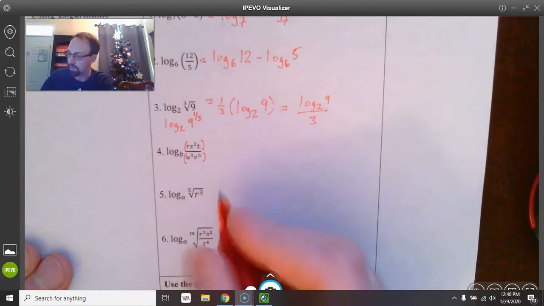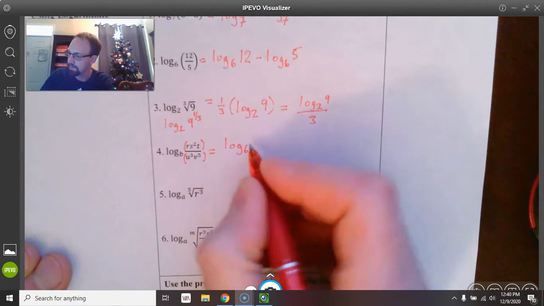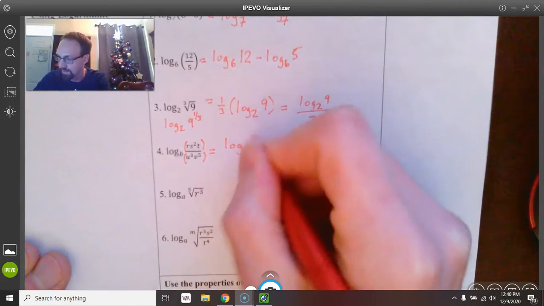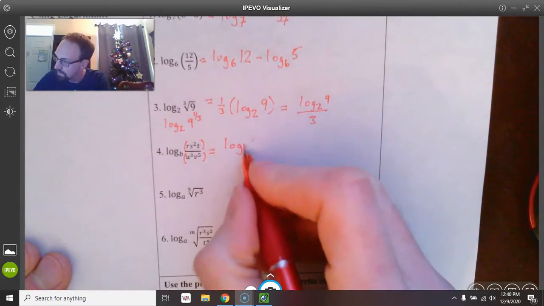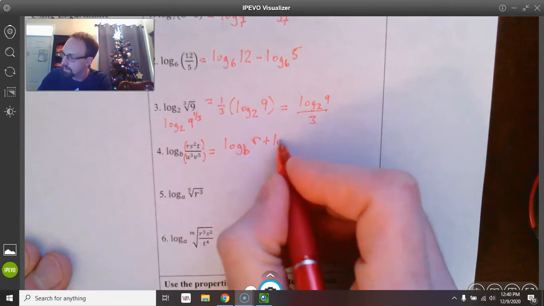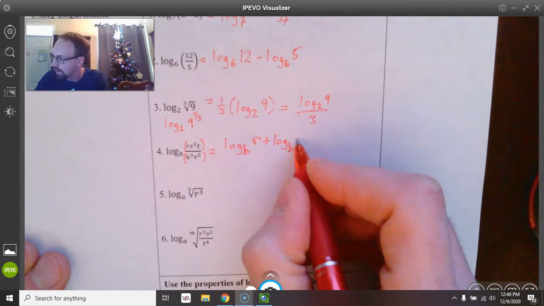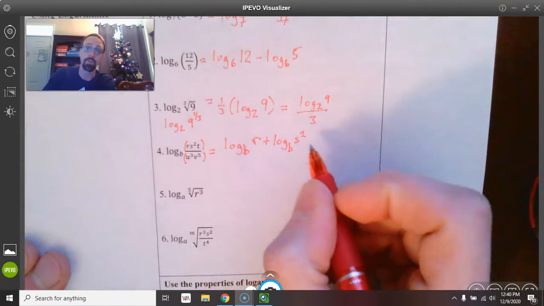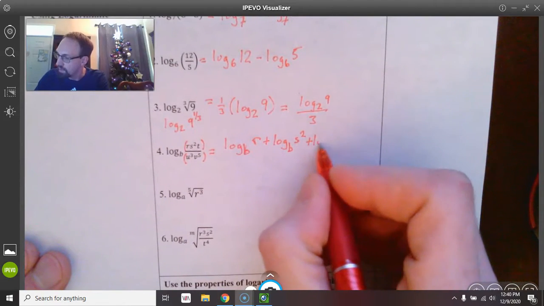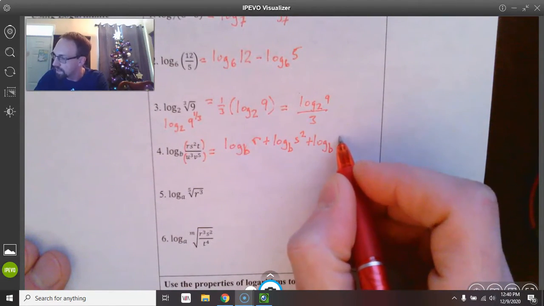So when we talk about going through and simplifying this, I have log base b of r plus log base b of s squared. Again, we'll talk about s squared here shortly. Plus log base b of t.